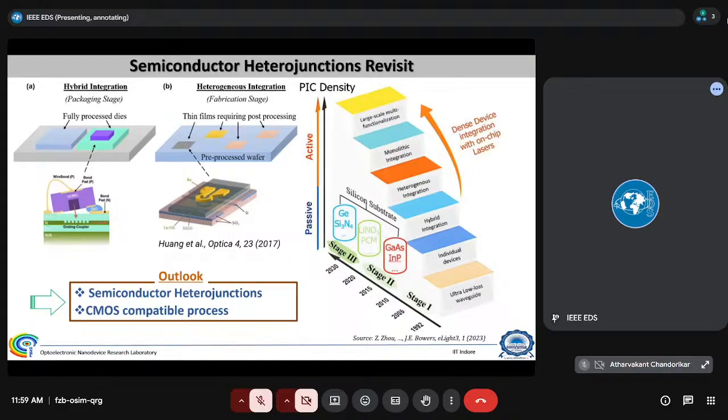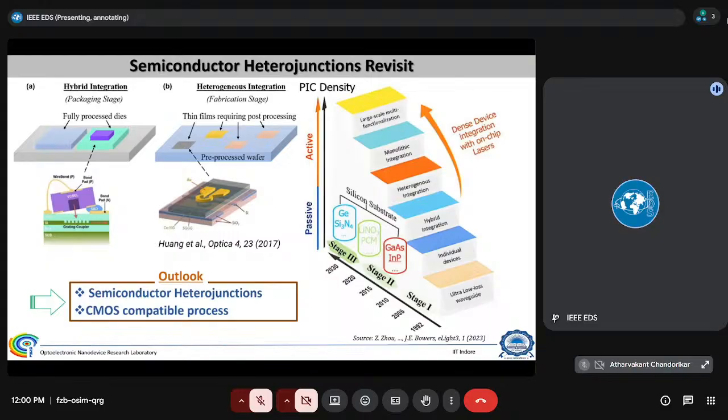That's one strategy which people are adopting, and you have products for data centers already, or for computing to some extent. And then you have what you call heterogeneous integration, which is still going on, where in one single CMOS fabrication line, you're also fabricating your photonic devices in parallel with your CMOS processor, right?